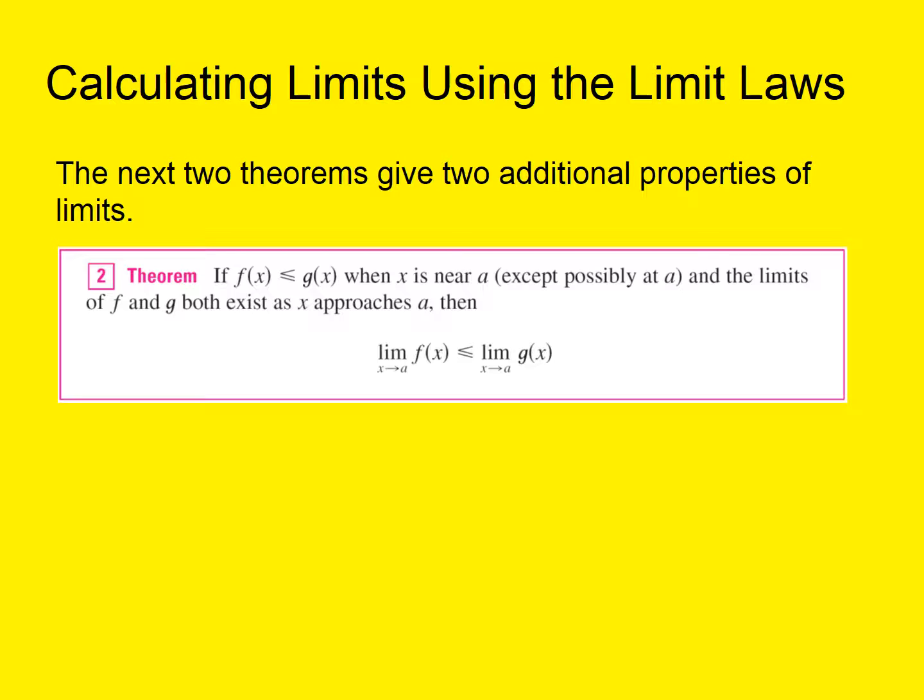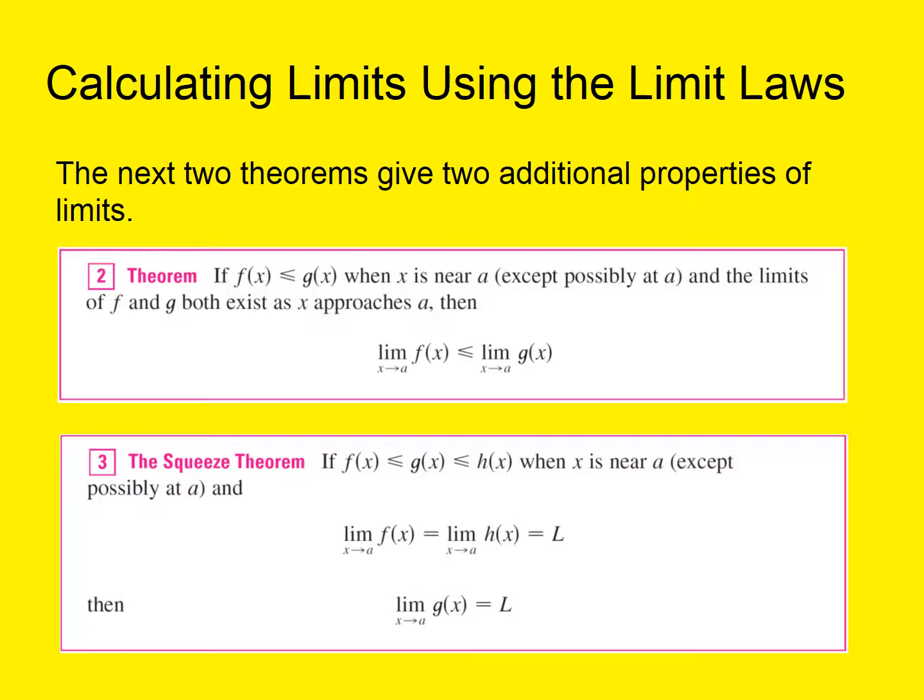If f of x is less than or equal to g of x when x is near some number a, except possibly at a, and the limits of f and g both exist as x approaches a, then the limit as x approaches a of f of x is less than or equal to the limit as x approaches a of g of x. Now that's not a big news flash. It seems trivial, and we're tempted to look for something we're missing, but we're really not missing anything.